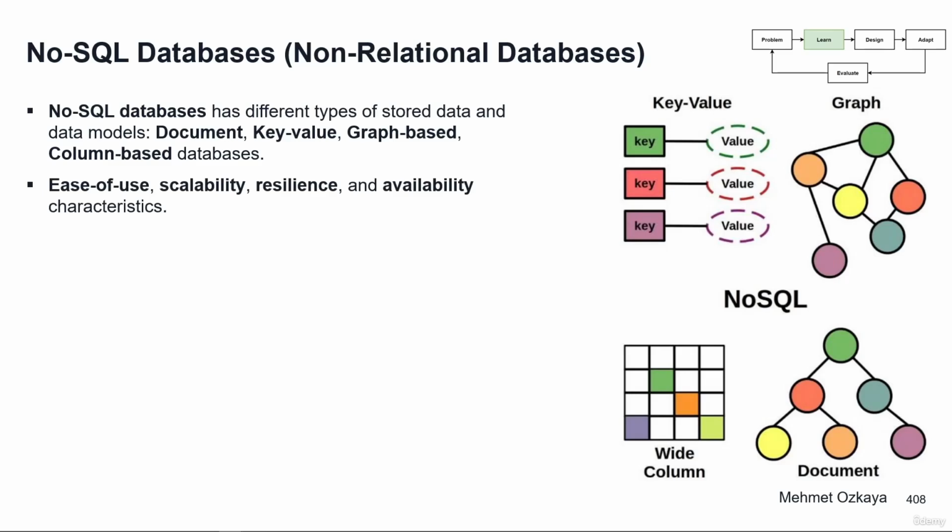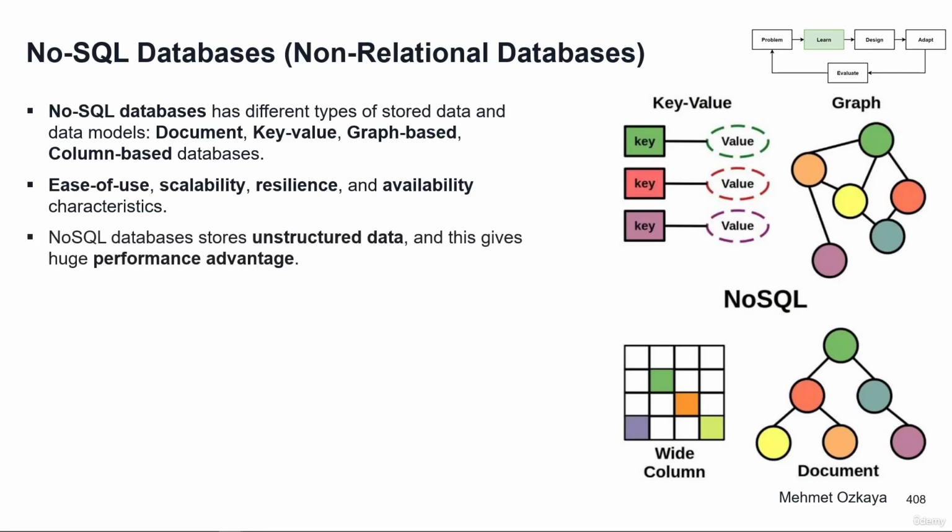Mostly, they are used because of their ease of use, scalability, resilience, and availability characteristics. Instead of joining tables of normalized relational data, NoSQL databases store unstructured data, which gives them a huge performance advantage. They store unstructured data in key-value pairs or JSON documents.